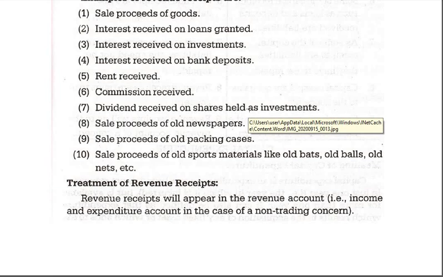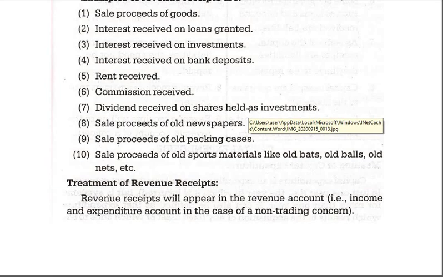Normally, if an income is received within a year, then it is taken as a revenue receipt. If it is received after 1 year or for a longer period, and if it does not recur, then that will be taken as capital receipt.